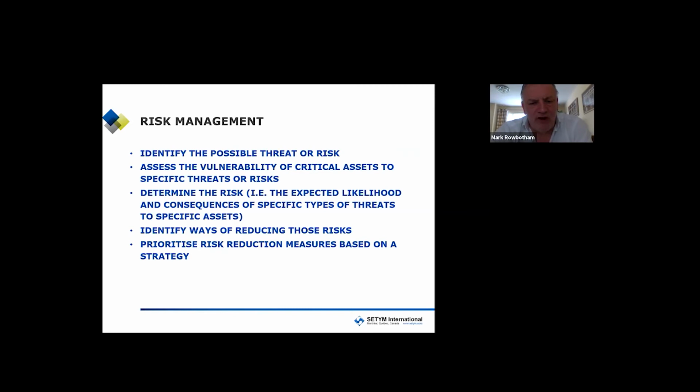And then the prioritization of risk reduction measures based on a strategy. In other words, we don't just say we're going to deal with it. Is there a strategy in place that enables us to control our risks by a proper, scheduled, chronicled risk management system that says for every process we deal with, this is the risk reduction strategy we have in terms of monitoring, in terms of vetting, in terms of control.